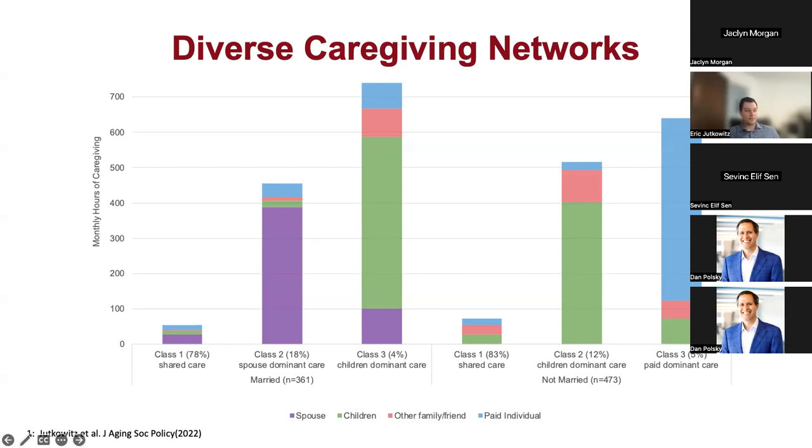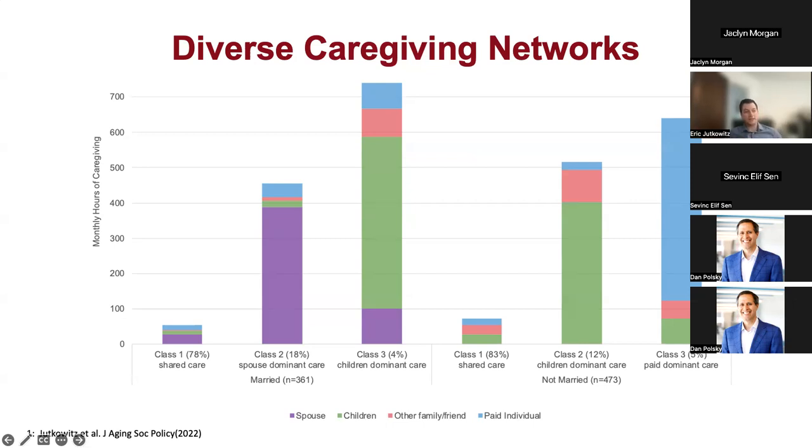In the married sample, about 18% of people received the majority of their care from spouses, and then a very small number, 4%, received the majority of their care from adult children.